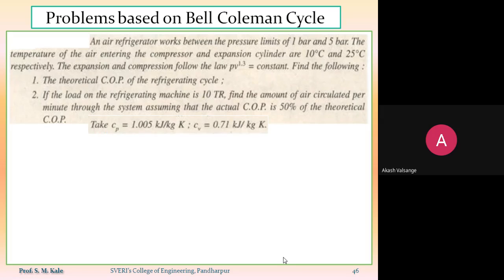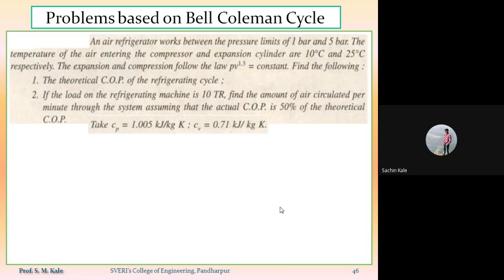Second, if the load on the refrigerating machine is 10 TR, find the amount of air circulated per minute through the system, assuming that actual COP is 50% of the theoretical COP. Take Cp equal to 1.005 kJ/kg K and Cv equal to 0.71 kJ/kg K.